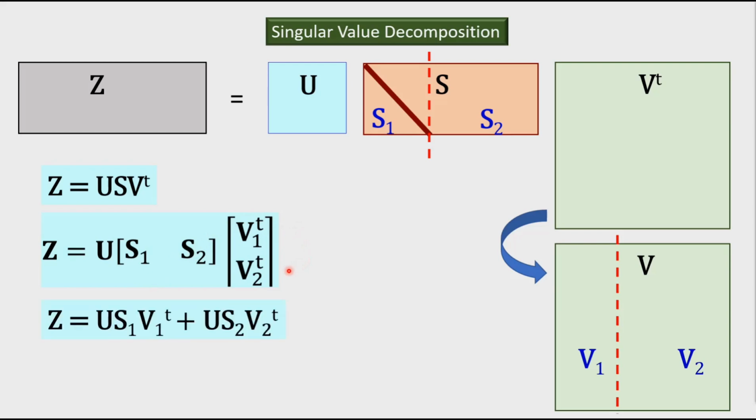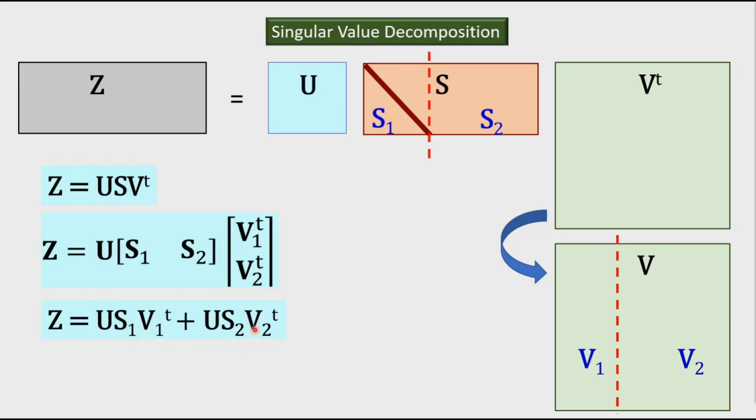Doing the matrix multiplication, these terms separate out, but this one is 0 because by definition all of its elements are 0. The diagonal elements of S1 are non-zero.